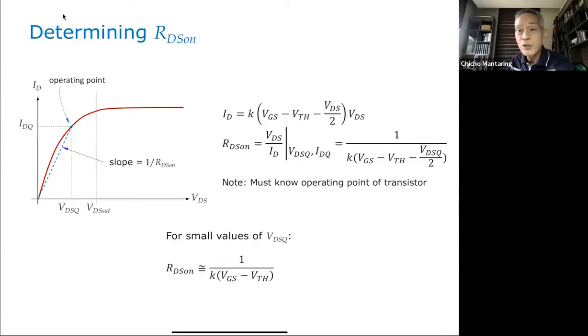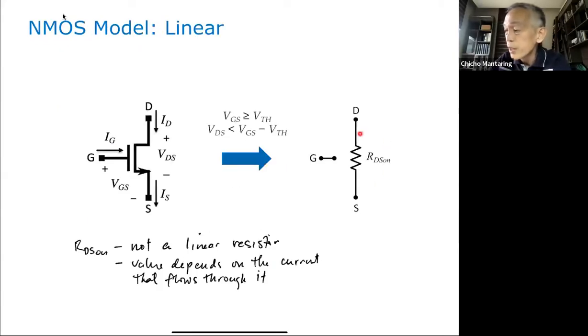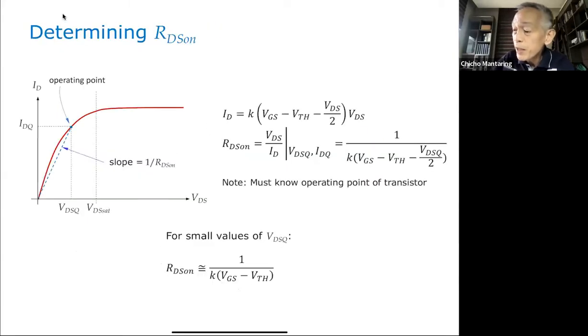But if you know the value of VDS at the operating point, which we call VDSQ, then you can have a more exact expression for RDS on.